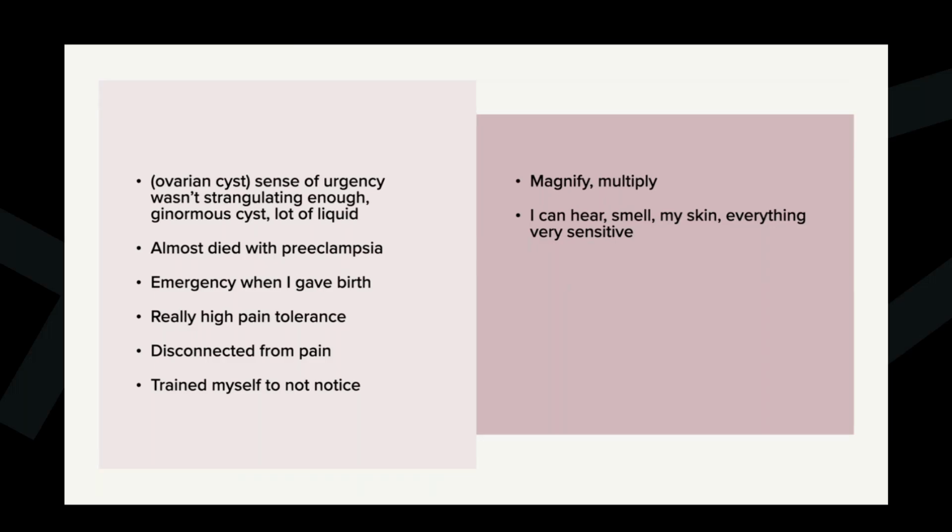It was an emergency when I gave birth. I had a really high pain tolerance. I'm disconnected from pain. I trained myself to not notice, but also there's this magnifying, multiplying. They're talking about the cysts and everything, but they're also talking about the feelings. And I can hear, smell, my skin, everything is very sensitive. So not only can they have all this pain, but push it down, but they also are very, very sensitive.